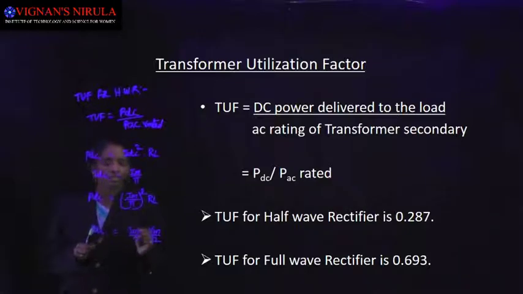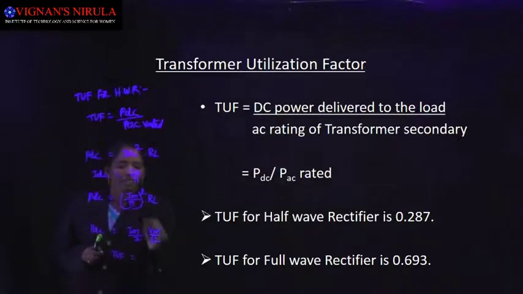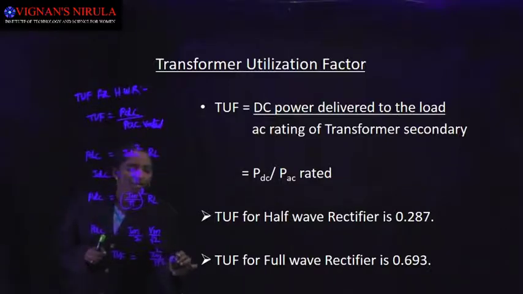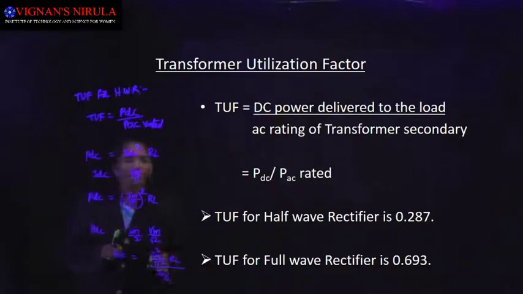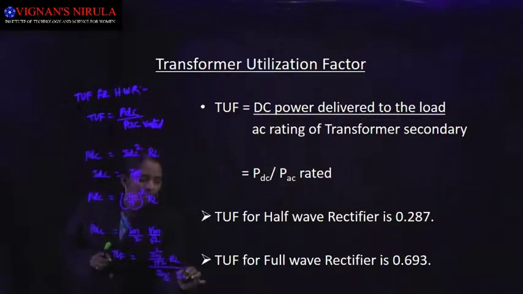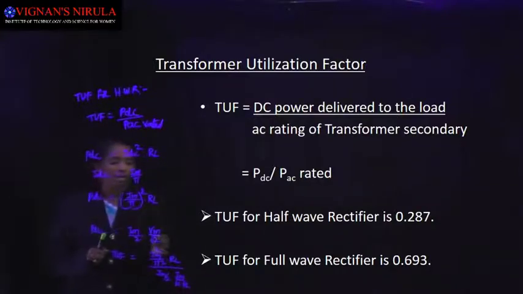Then we will get TUF equals, PDC is Im square by pi square into RL, divided by Im by 2 into, we can write Vm by root 2 as Im by root 2 into RL.